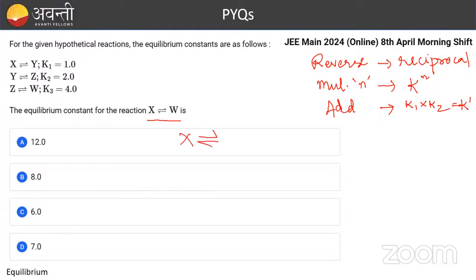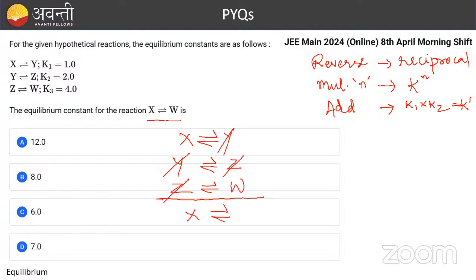X is in equilibrium with Y, Y is in equilibrium with Z, and Z is in equilibrium with W. If we add all three, the common terms cancel each other: Y and Y cancel, and Z and Z cancel. The remaining is X giving W, which is the desired equation.